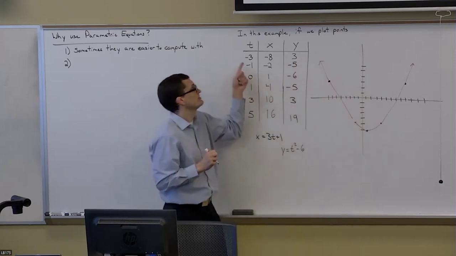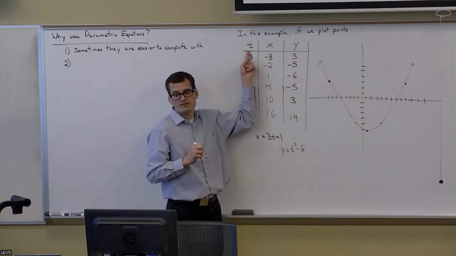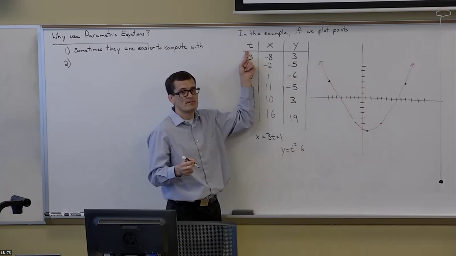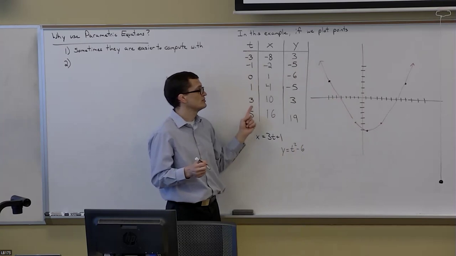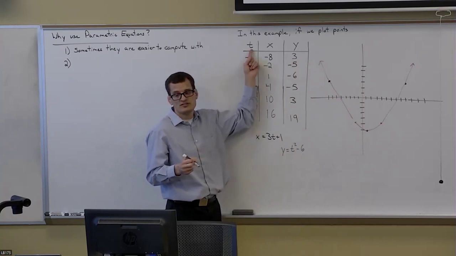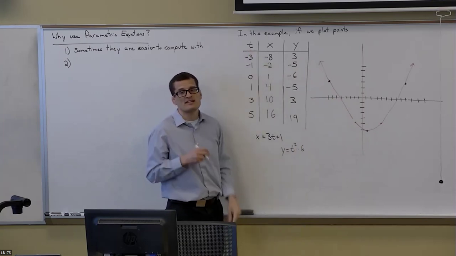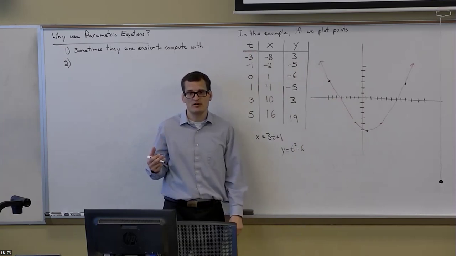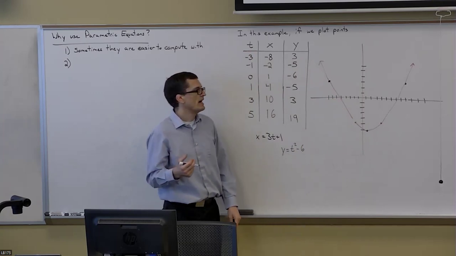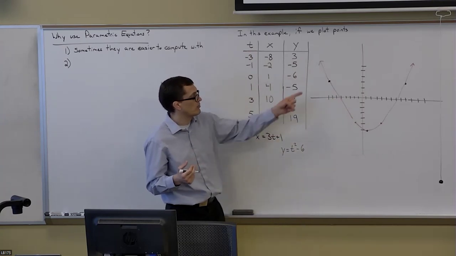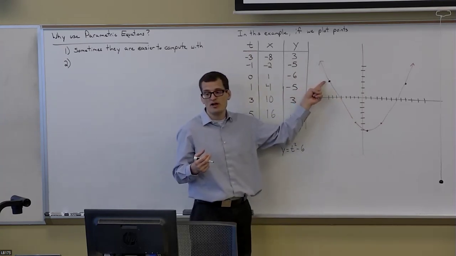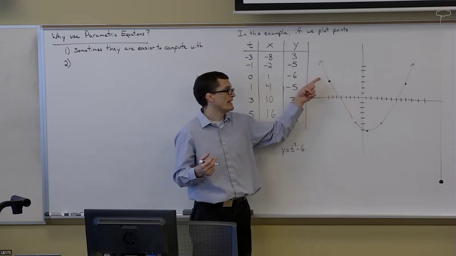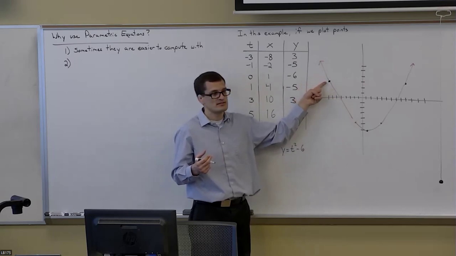And introducing a new variable or a new parameter allows us to use this parameter as a time variable. So not only are we asking about where is the point, but at what time are we at this location? Does that make sense?